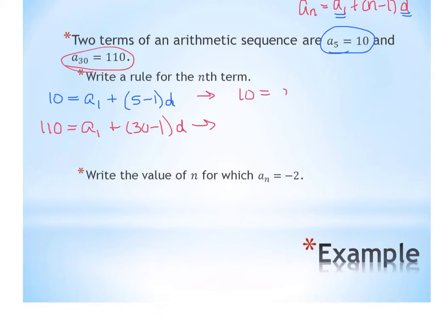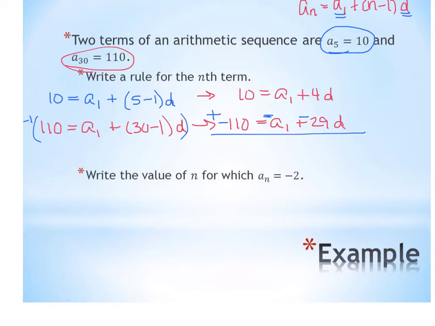Okay, let's do a little bit of rearranging here. 10 equals a sub 1 plus 4d, and 110 equals a sub 1 plus 29d. What I would do is multiply the second one by negative 1, getting a negative, a negative, and a negative, and add these together, and we get negative 100 equals, because this is a system of equations, negative 25d.